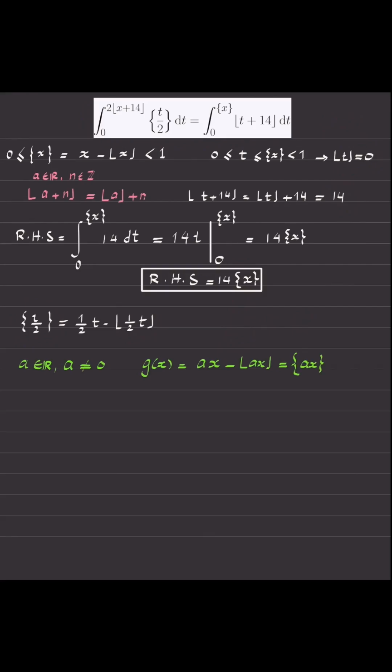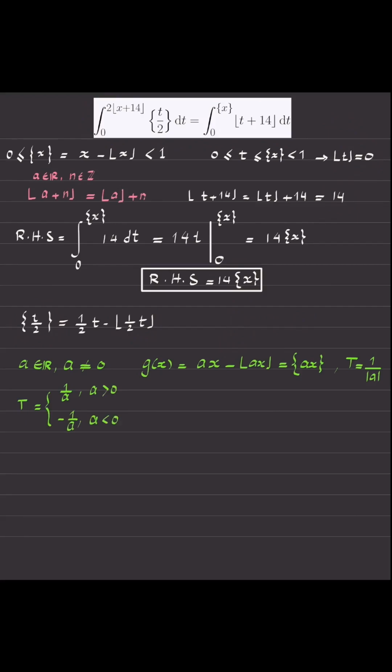My claim is that this function is periodic and its period T is equal to 1 over the absolute value of a. In other words, I am claiming that the period of this function is either 1 over a if a is positive, and minus 1 over a if a is negative.